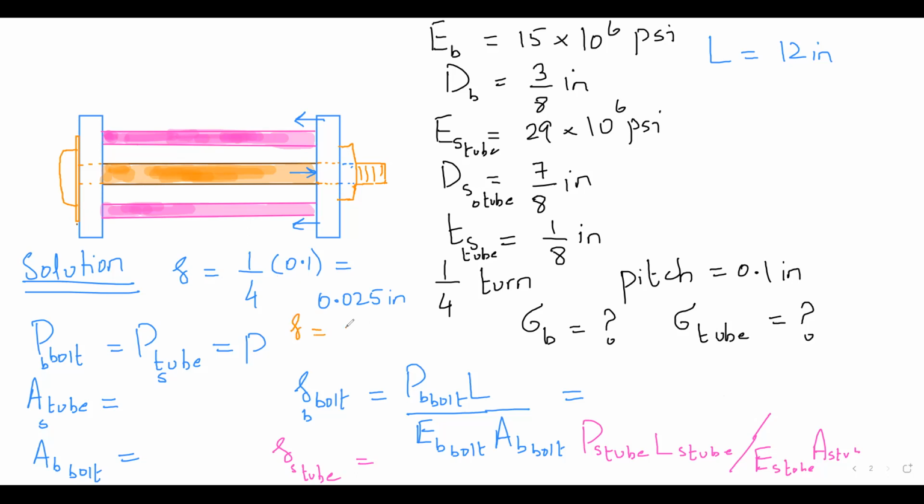Delta equal to delta of bolt plus delta of tube. And you will replace this with a simple P because P is the same. That's the deflection. So we have this one.